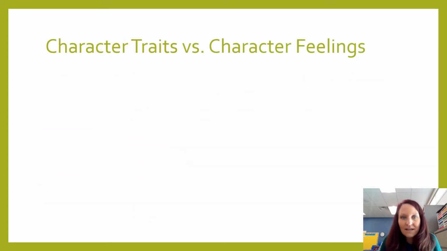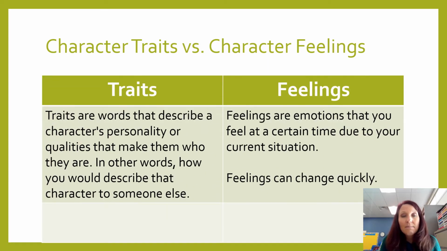Okay, on this page, I'm showing you the difference between a character trait and a character feeling. Now, we use traits and feelings to describe characters in the story, but here's the difference. A character trait are words that describe the character's personality or a quality that make them who they are.